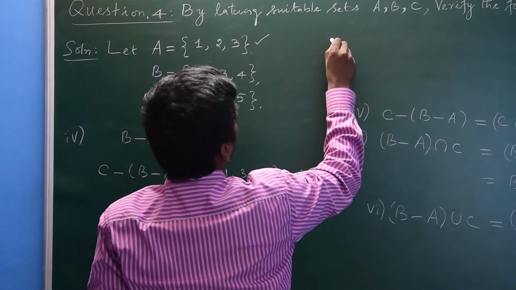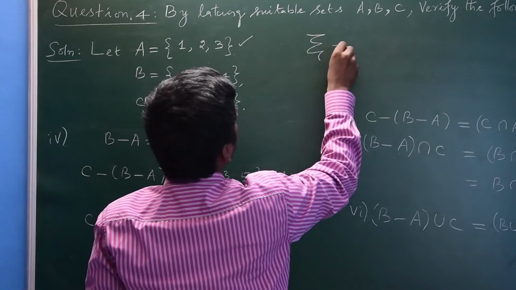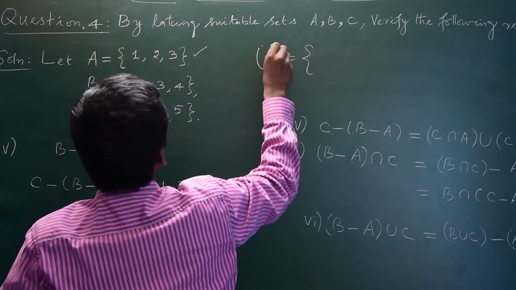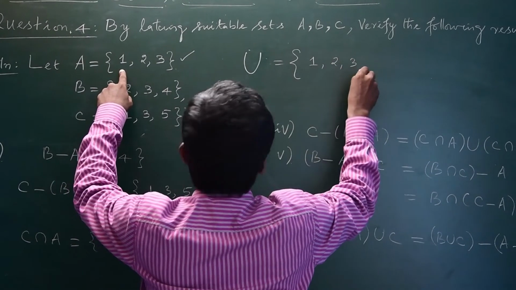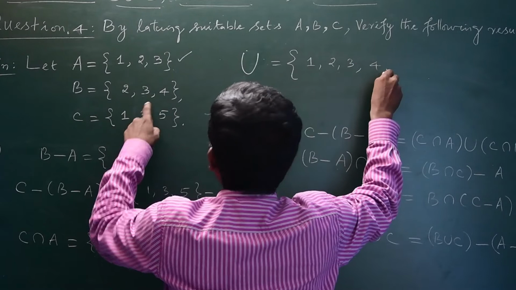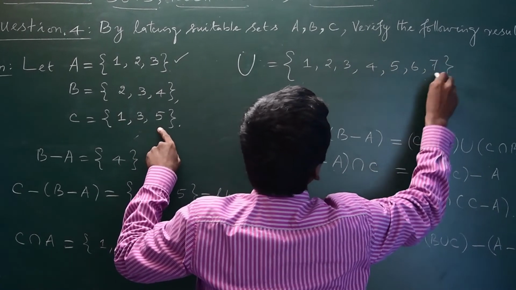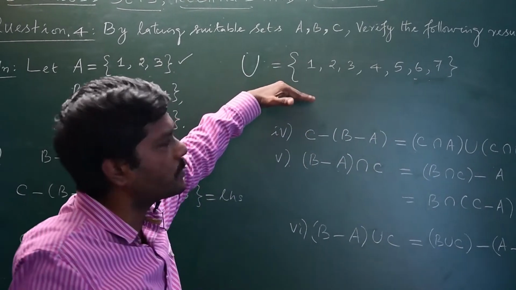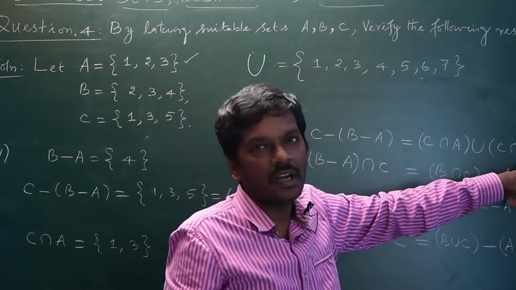You can take the universal set either as U, or you can even take it as psi, or let us take U. The universal set is U, and you can take 1, 2, 3, 4, 5 and 6, 7. If at all necessary, you can add these two elements. So let this be the universal set, because when there is no universal set, you cannot talk about the complement.